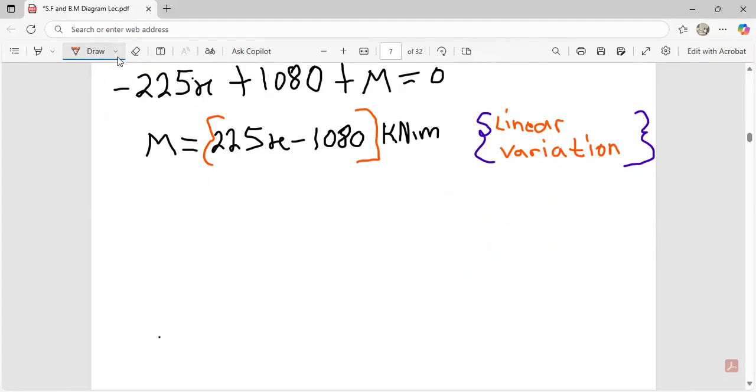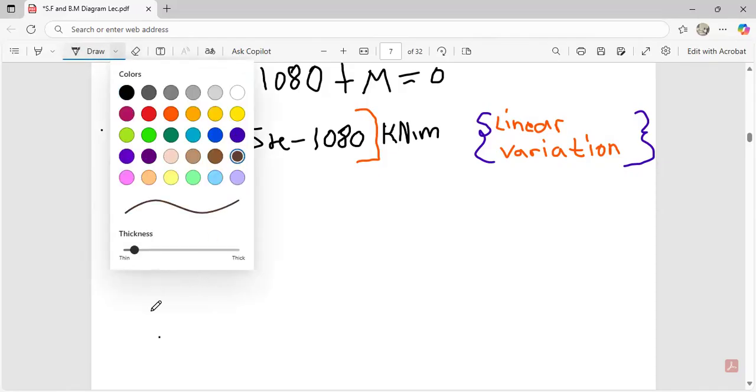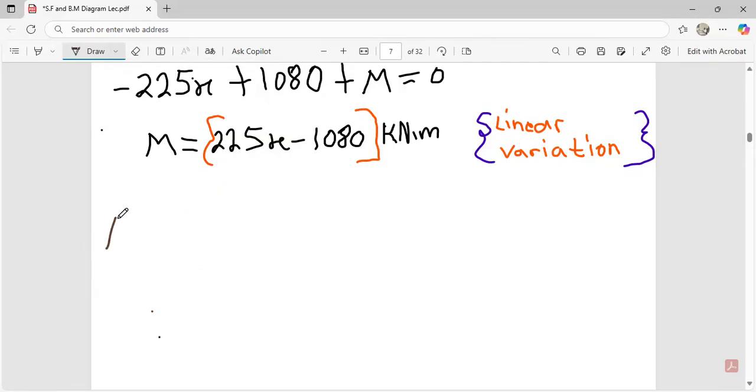Let me just change to a different color pen to aid your understanding. So I say that at x is equal to 0, this time it's no more VA, it rather becomes MA.